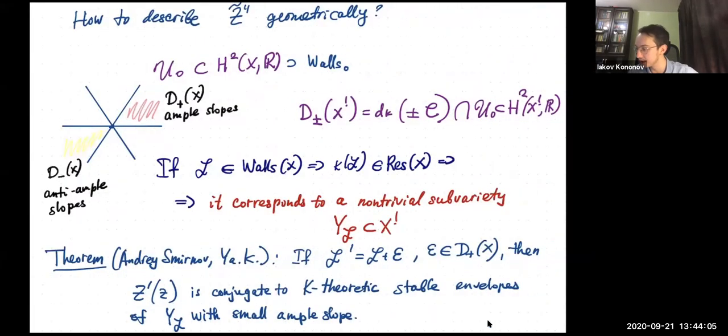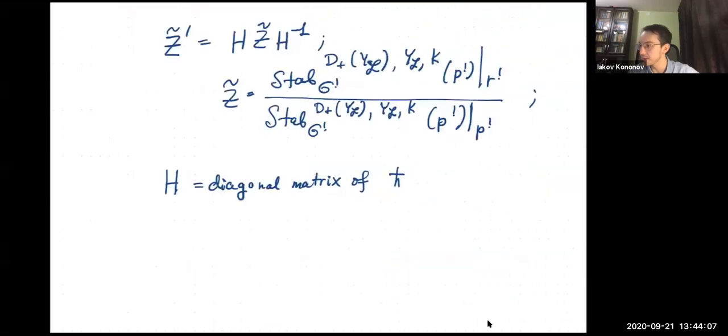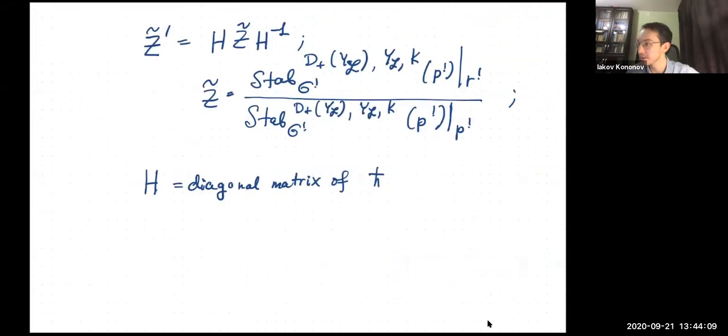Let's now use the next theorem, that Z prime is the stable envelope for the dual variety.